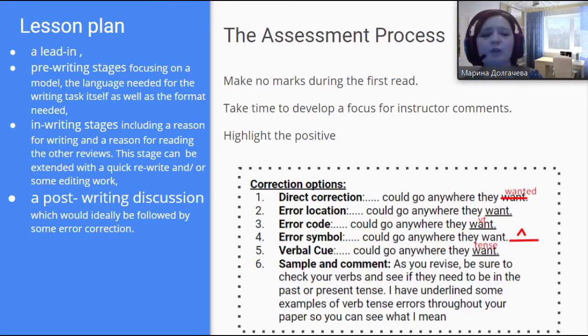Finally, post-writing discussion. That is actually a moment not really for a student, but it's even more important.